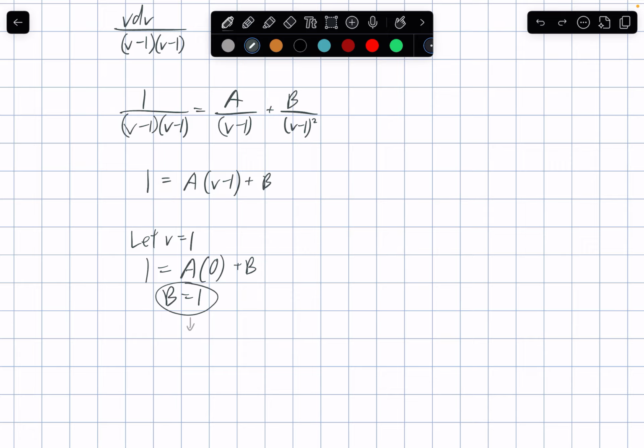So what if, does it still matter what A is supposed to be? We already know what B is.